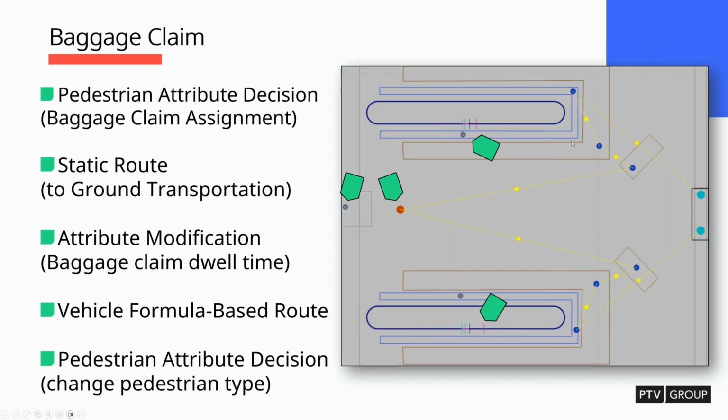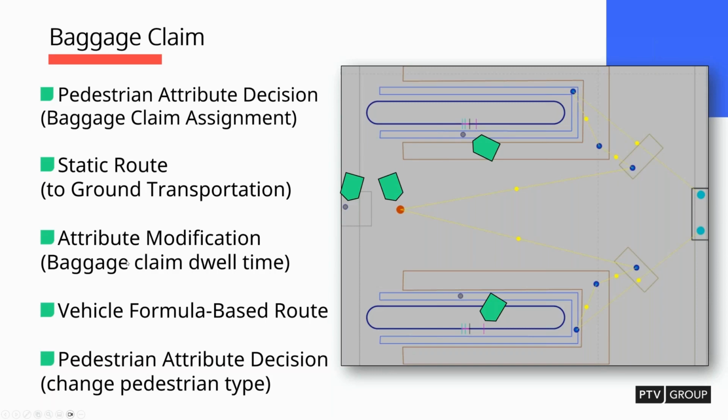And once they are assigned to the correct carousel, they'll turn around and then they'll just wait in this area. So we have this horseshoe shaped area around the baggage carousel, and that's just kind of a waiting area. And just like we did with the boarding gate, they're set to 99999 until the bags arrive. So they're just standing there waiting for an infinite amount of time until their bags arrive.